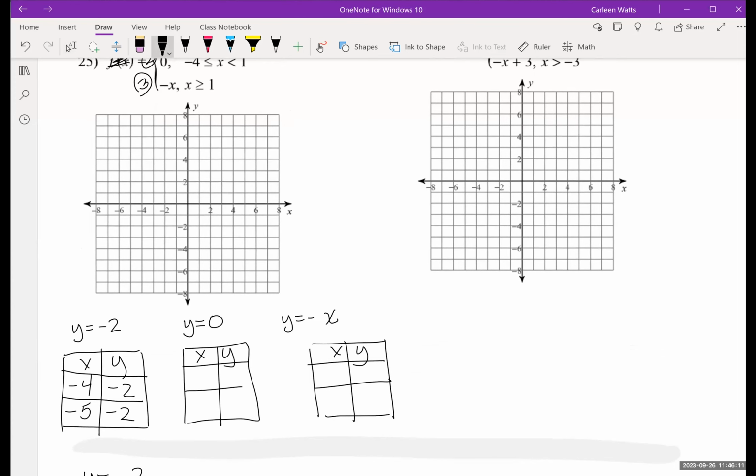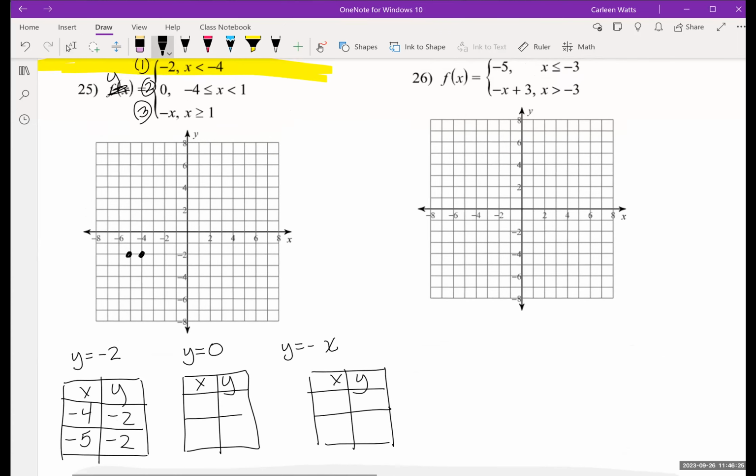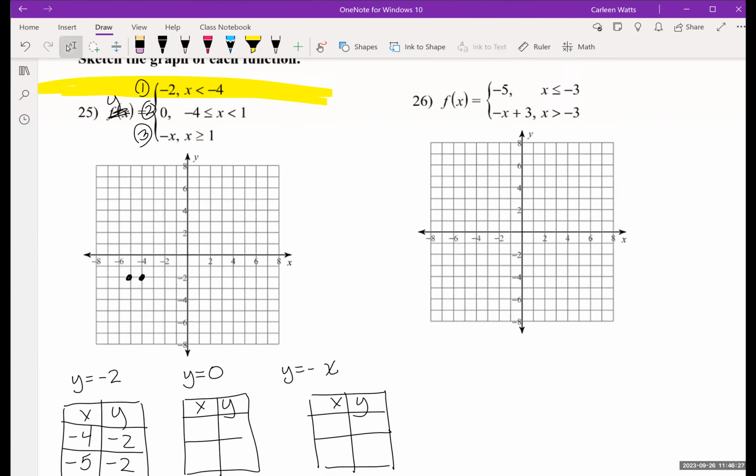So -4, -2. It's a trick. It's right there. -5, -2. Okay, let's look at that top equation. This is an arrow to the left.